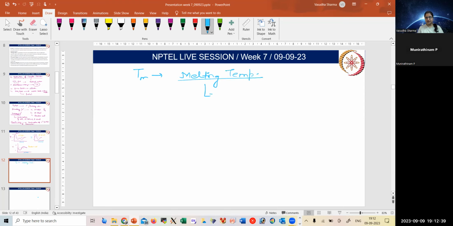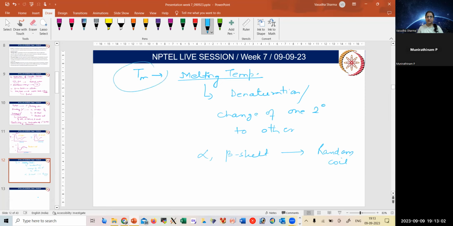At this temperature, denaturation, or we can say change of one secondary structure to other, most probably alpha or beta will be changing to random coil.